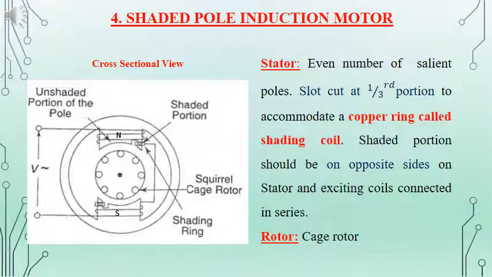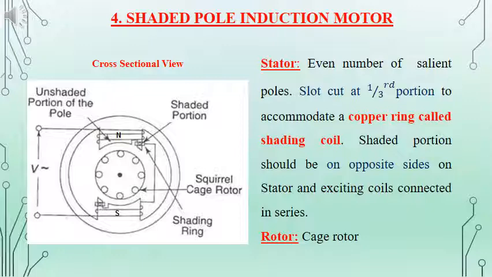Another type of single phase induction motor is the shaded pole induction motor. Here the stator is of salient pole type. That is, there are projected poles on the stator side on which the stator winding will be provided. And there will be a slot cut on the projection of the pole.